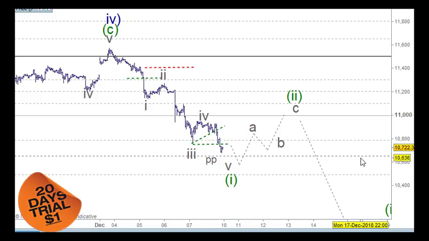Now it could extend down a little bit further, but 10,500 is here. This is 10,650. It's important, but 10,500 here, so it can extend down further through here.